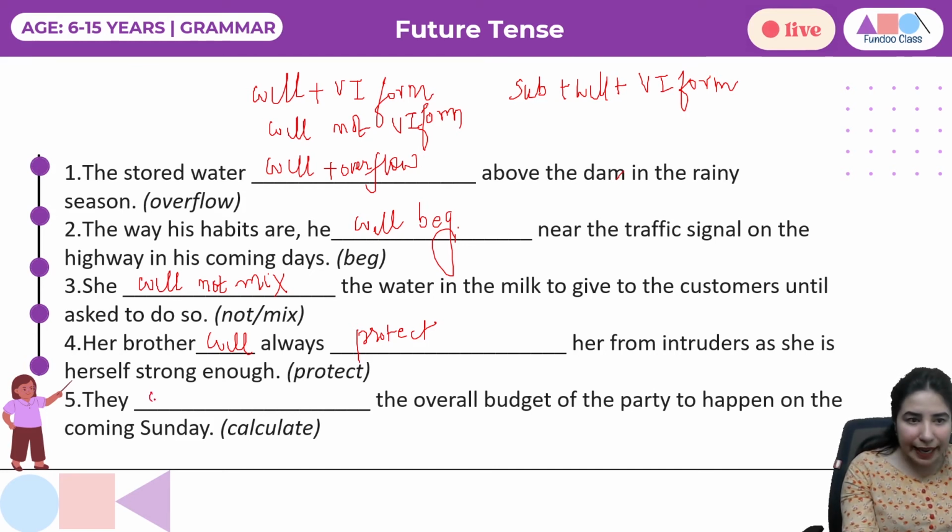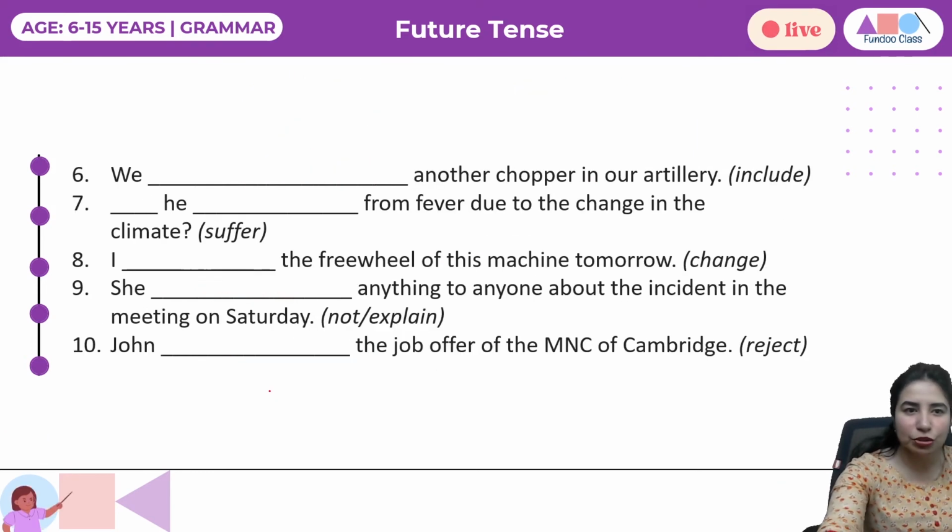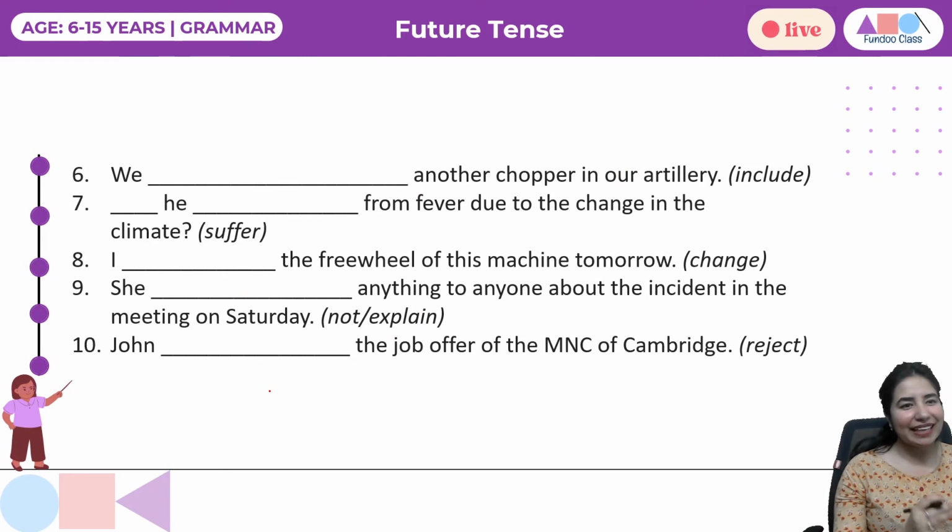They will calculate. So that's going to happen coming Sunday. That's how we make this sentence, right? So I'm sure we are clear with all these 5 questions. Move to the second part. Quickly complete this portion. We will then discuss it together.